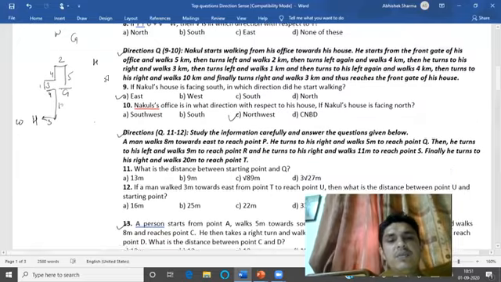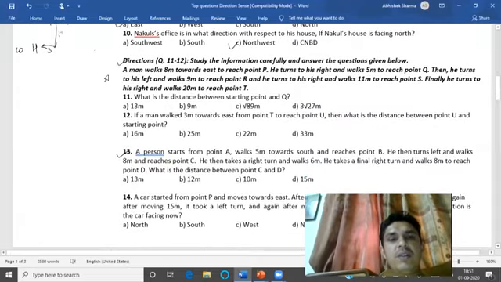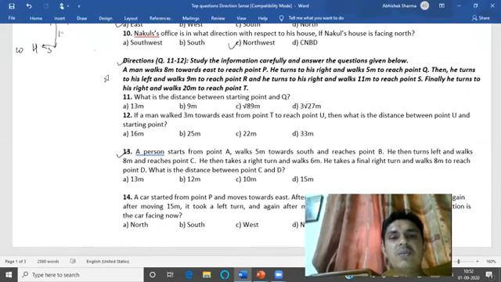Okay, coming to one more question, question number 11 to 12. The question is: study the following information carefully and answer the questions given below. A man walks 8 meters toward east to reach point P. So suppose this is the starting point.